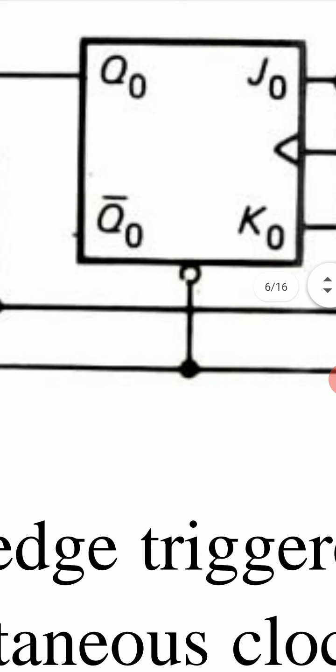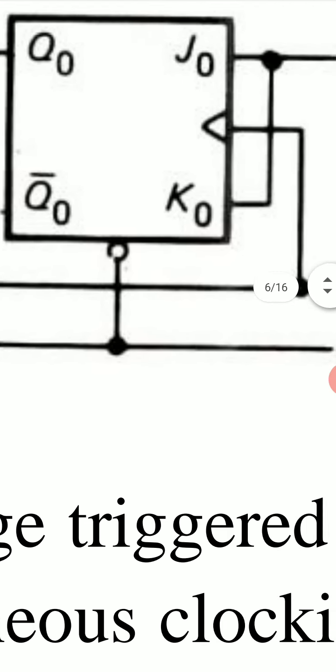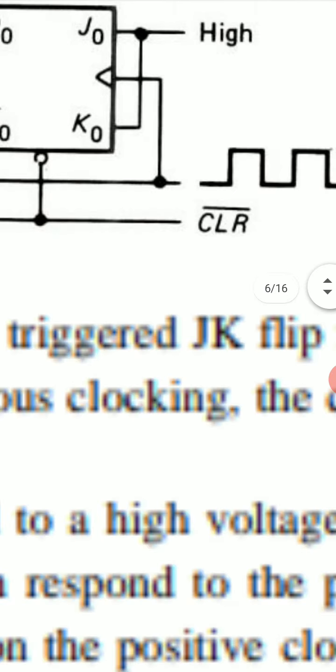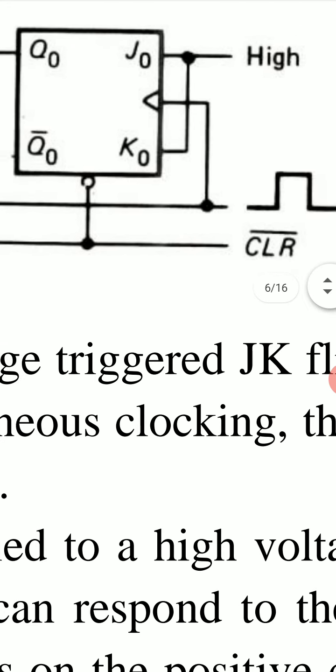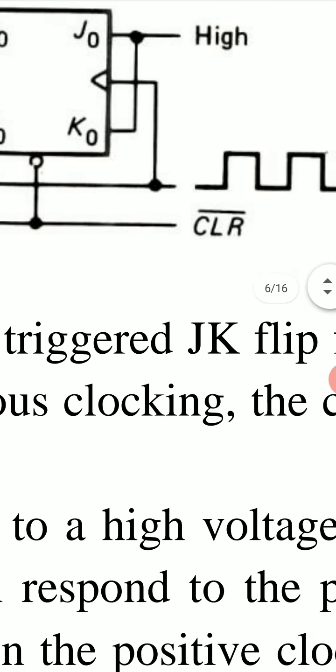So the output word Q3, Q2, Q1, Q0 will become 0, 0, 0, 0 when CLR bar is 0. We write here CLR bar in place of CLR, because CLR bar is 0 means CLR is 1, and it will do the function of clear.